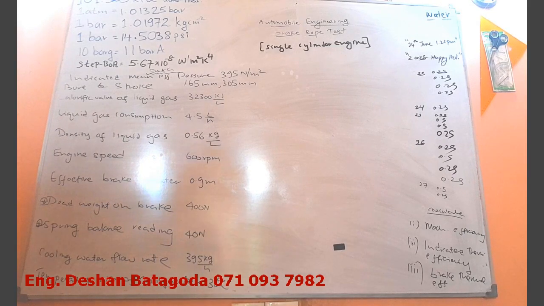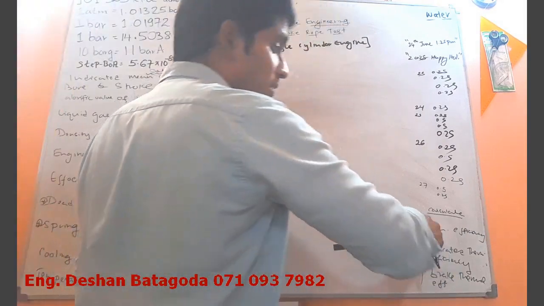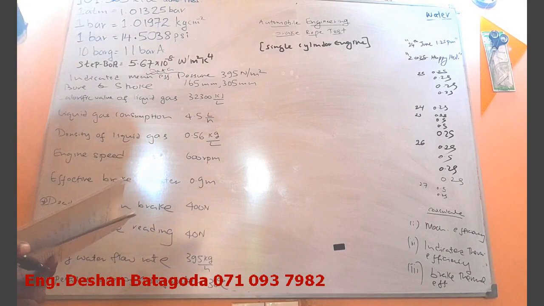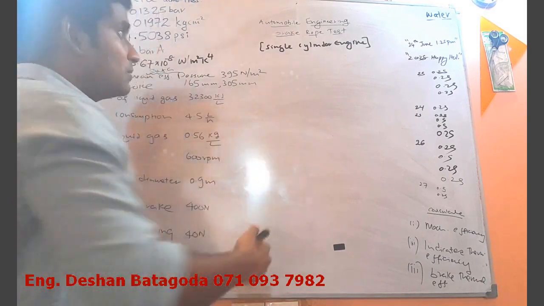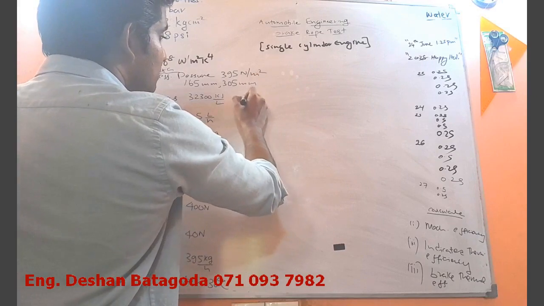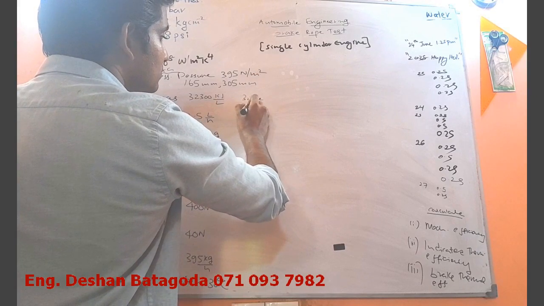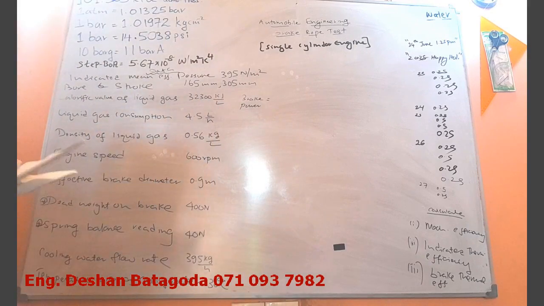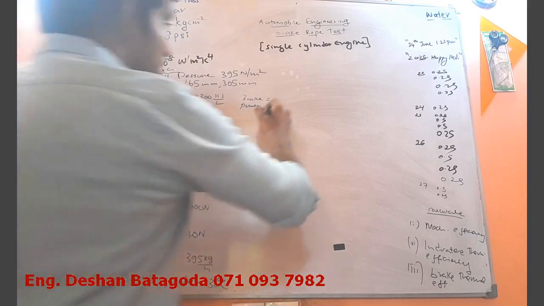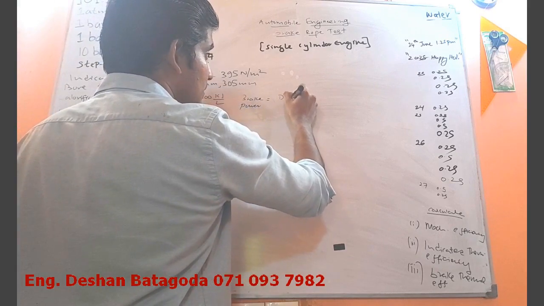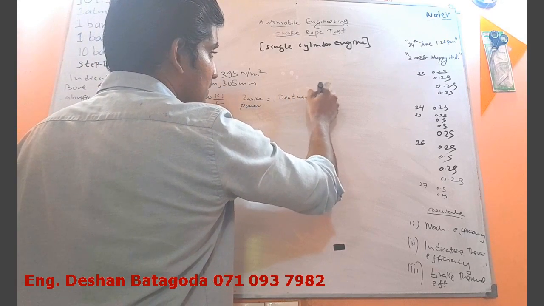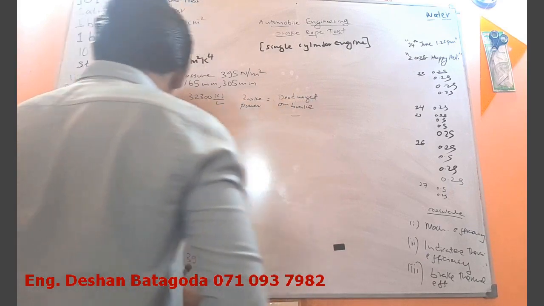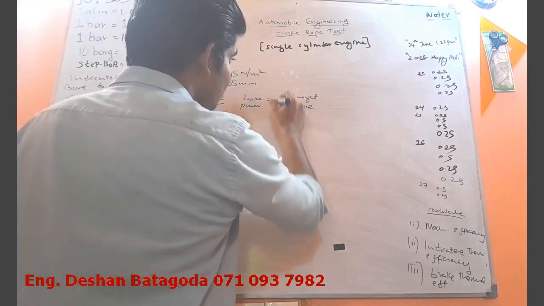Okay, so what is the first thing they are asking? They want us to calculate the mechanical efficiency. So before that we should calculate brake power. So I will write the equation: brake power equals dead weight on brake minus spin balance reading.